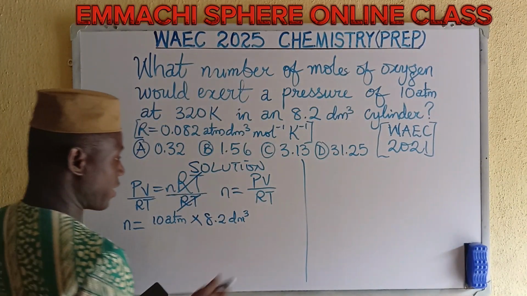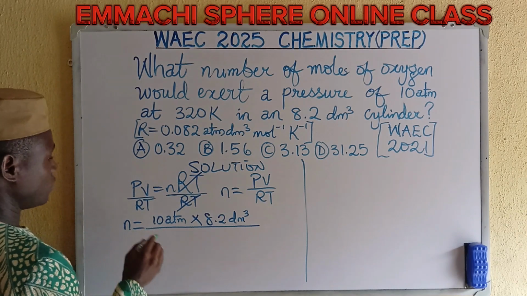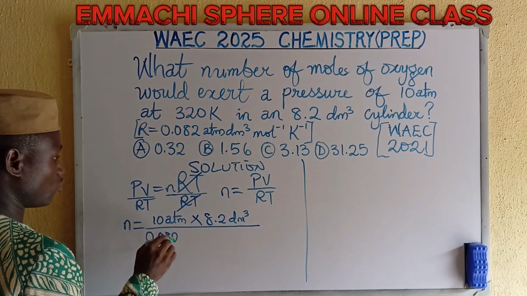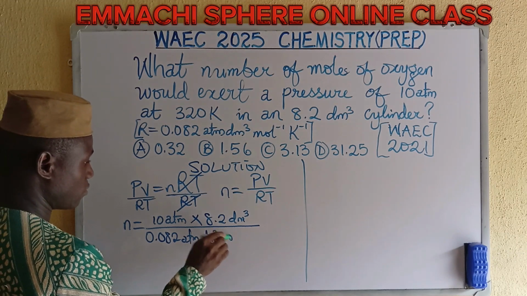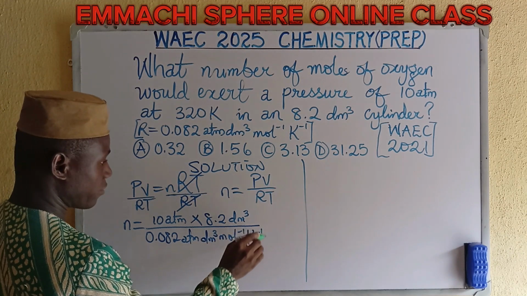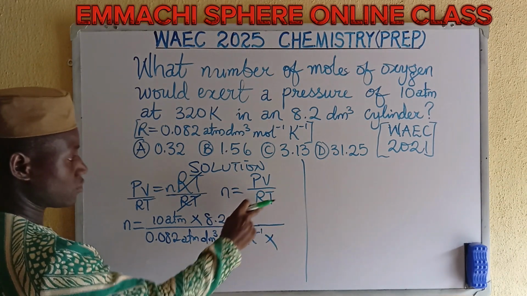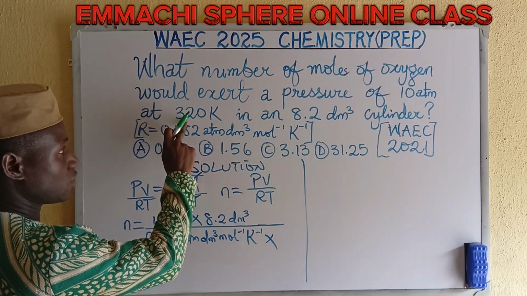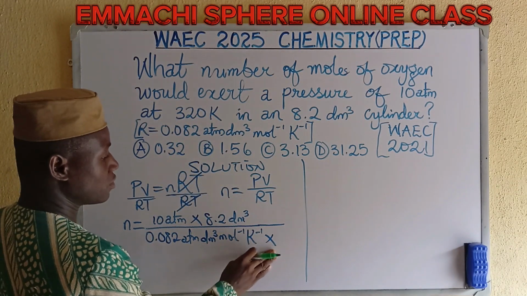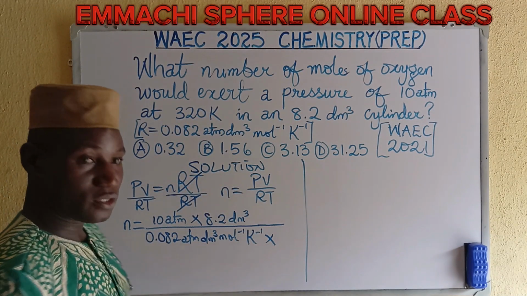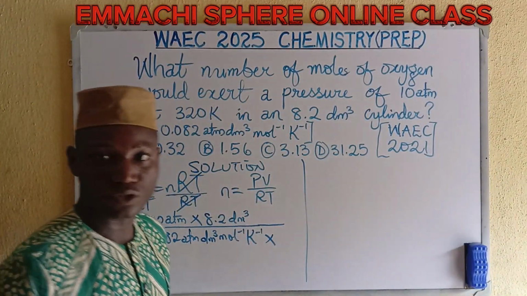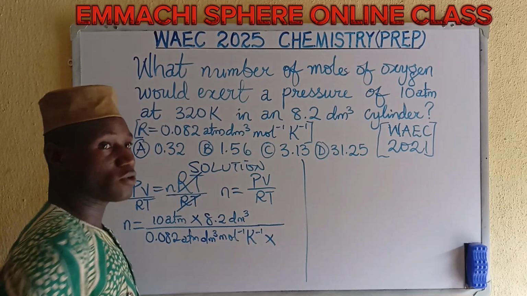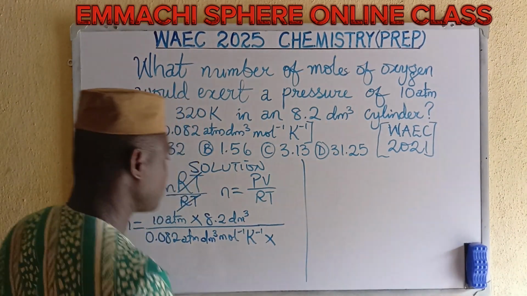So dividing through by the gas constant, which is 0.082 atm dm cube per mole per Kelvin, times, what's the temperature there? The temperature is 320 Kelvin. Assuming it's given to us in degrees Celsius or Fahrenheit, we must convert to Kelvin. But as it is directly given to us in Kelvin, we apply it directly.